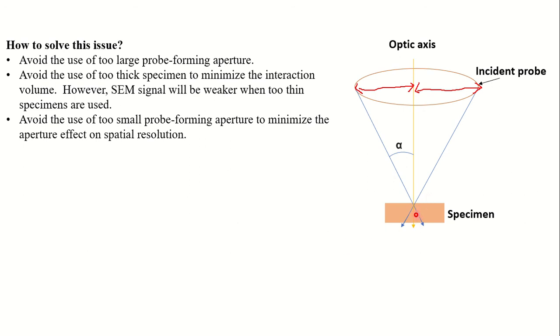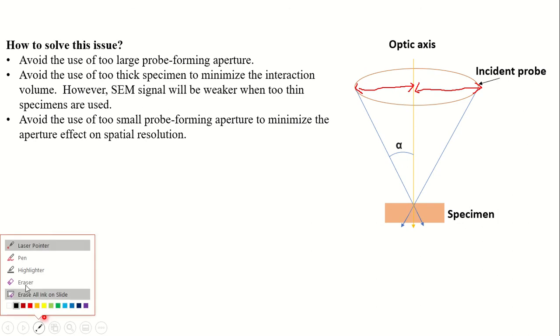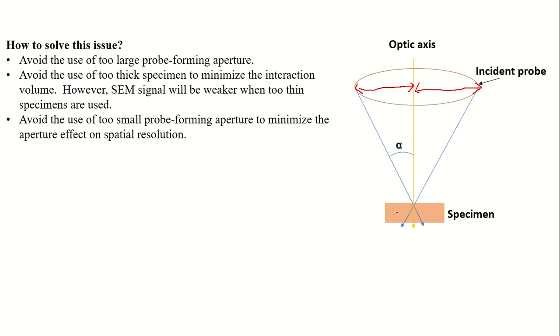The interaction volume means when the beam comes and strikes the sample, if the interaction volume is larger, like this, we need to avoid this condition. Why do we want to avoid this condition?